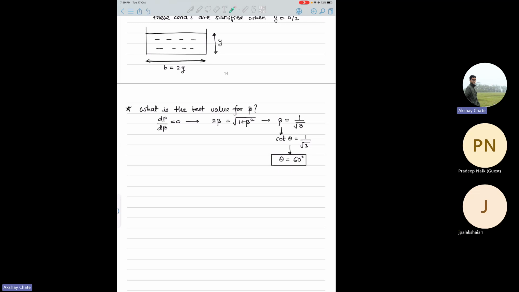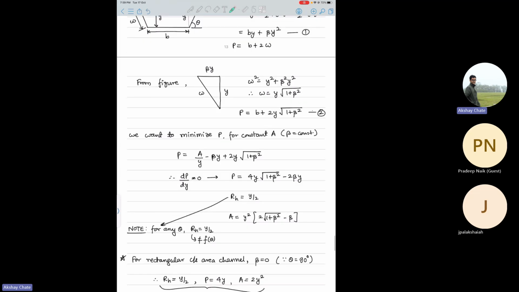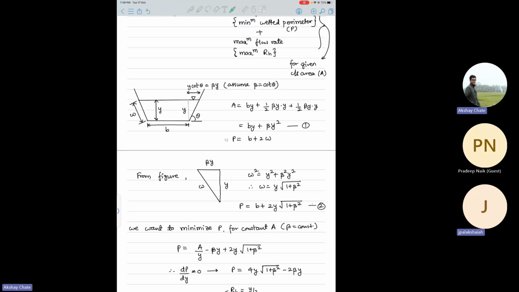But you have to keep the area constant, right? If throughout the channel the area is constant, then for this V section, agreed. I understand what you're trying to say, and you may be correct.